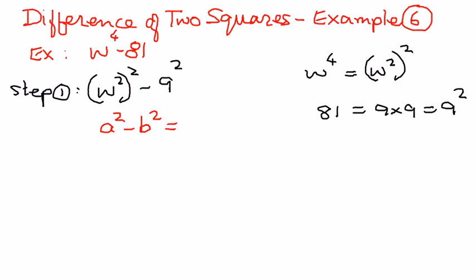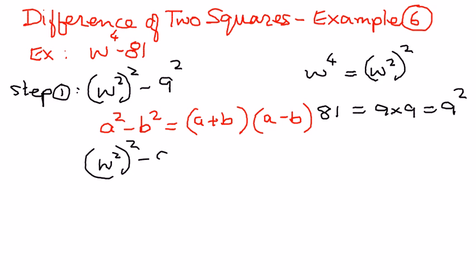So in here, a squared minus b squared, we can write as the sum of the base terms times the difference of the base terms. Since we have w to the power of 2, the whole thing raised to the power of 2, minus 9 squared, a for us is w to the power of 2, b for us is 9.